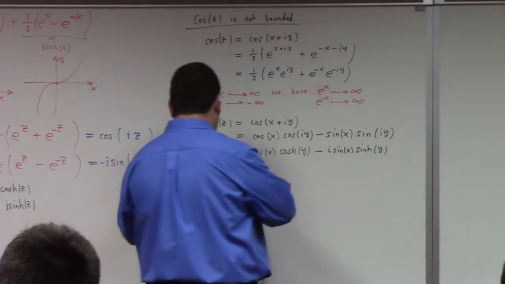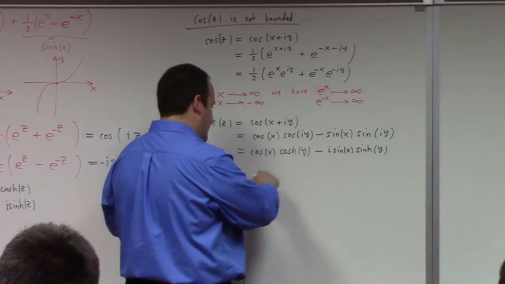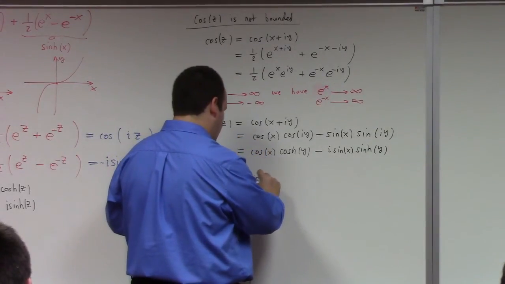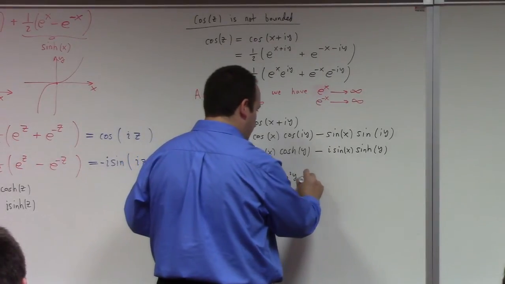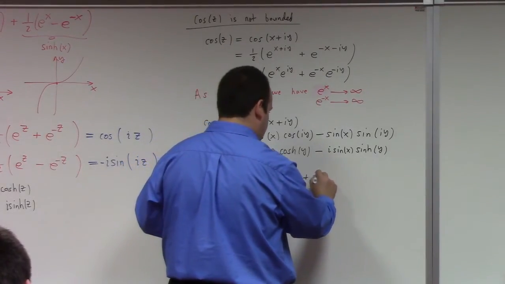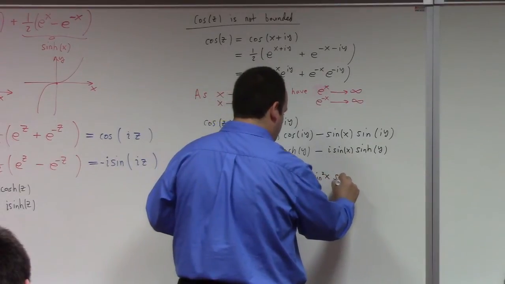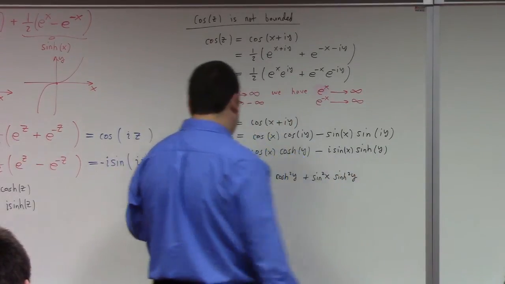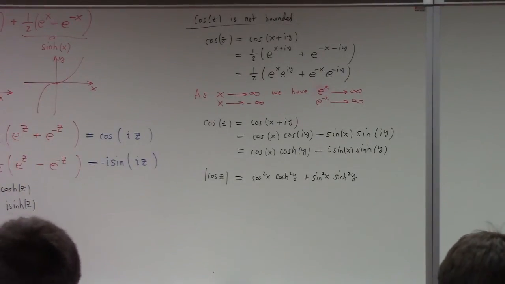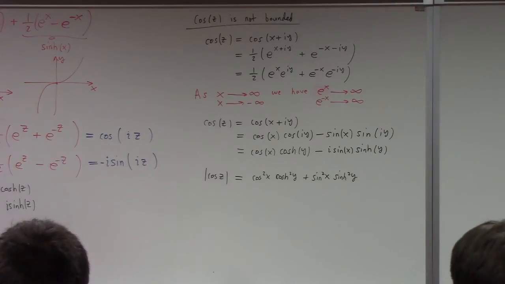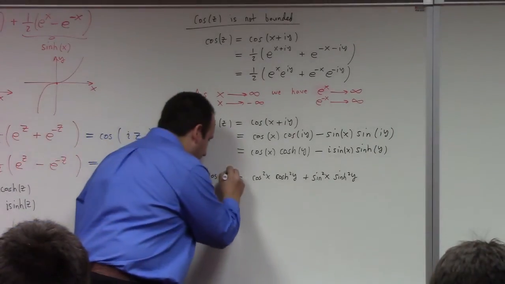But anyway, so the modulus of cosine is what? It's cosine squared x cosh squared y plus sine squared x sinh squared y. Because that's the real squared plus imaginary squared. And of course I should have written modulus squared.